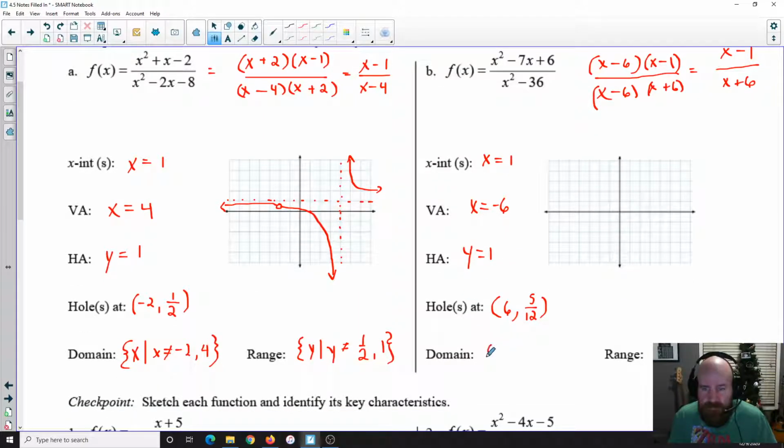Domain: x cannot equal -6 and 6. And range: y cannot equal 1 and 5/12.